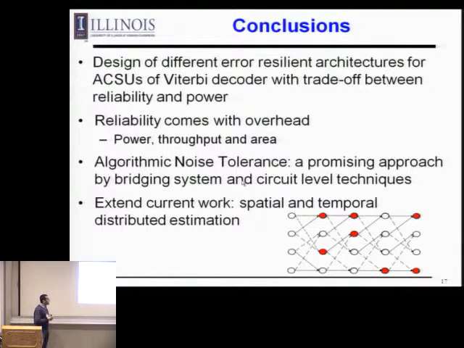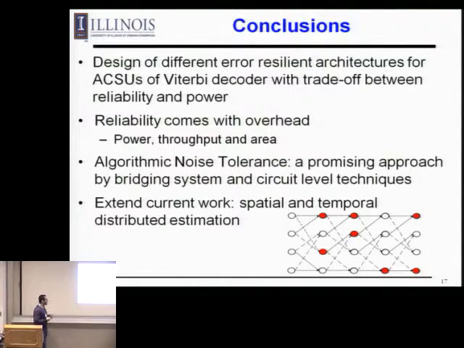So in conclusion, we have presented error resilient architectures for add compare select and the Viterbi decoder. Usually in this decoder we always have a trade-off between reliability and power. So we need a more robust design at very low power overhead. Algorithmic noise tolerance emerges as a promising approach by bridging system level to circuit level techniques.